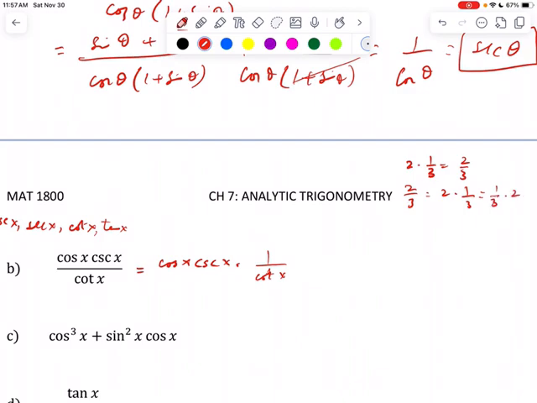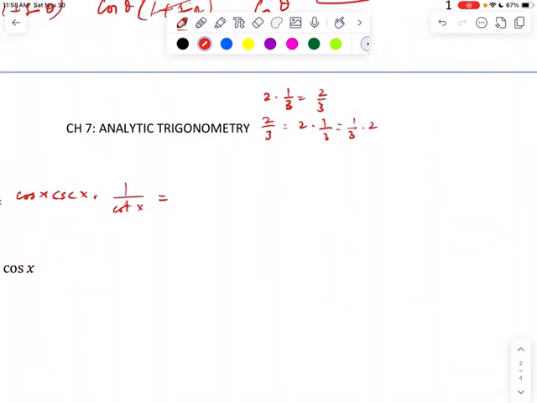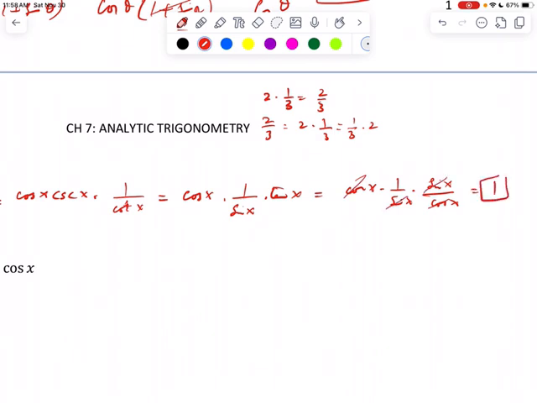That's what I did. Now I will convert cosecant. Cosine x remains as it is. Cosecant x is 1 over sine x, and 1 over cotangent x is tangent x, which is sine x over cosine x. So we get cosine x times 1 over sine x times sine x over cosine x. But cosine and cosine cancel, sine and sine cancel, so we are left with 1. So this simplifies to 1.